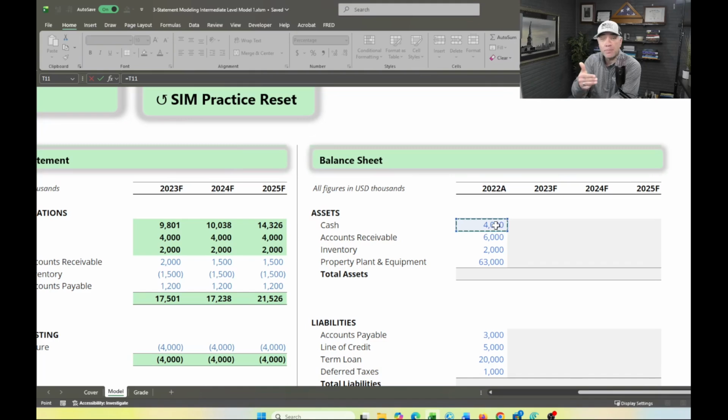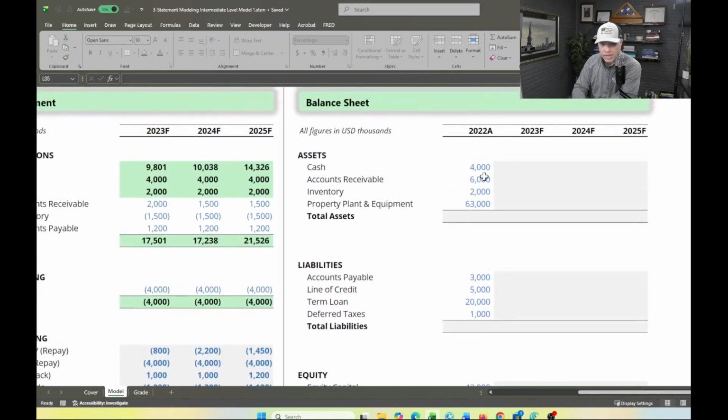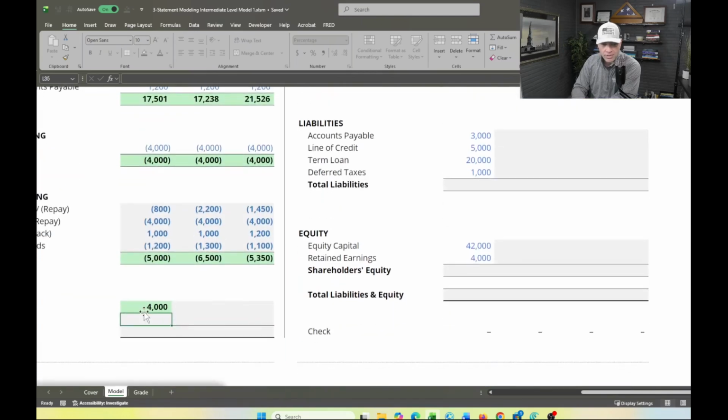So that's going to be our beginning balance, what we're bringing in. I'm going to corkscrew that in, and really the ending balance of cash for every single year will be the beginning balance of the next year. So 4,000 is for 23, and then this number would be for 24 down here.